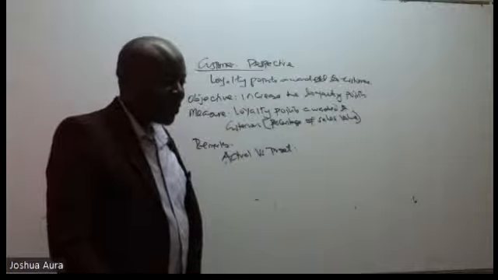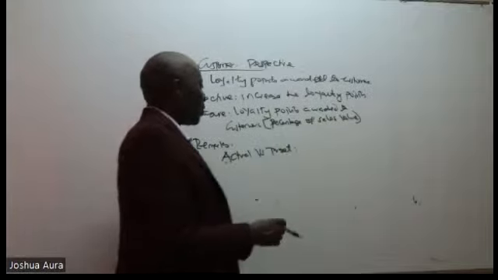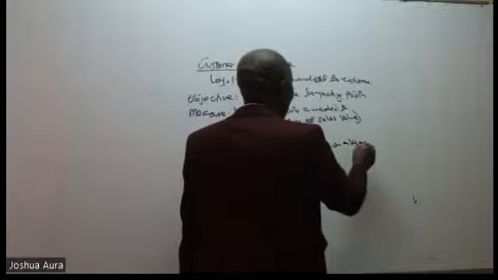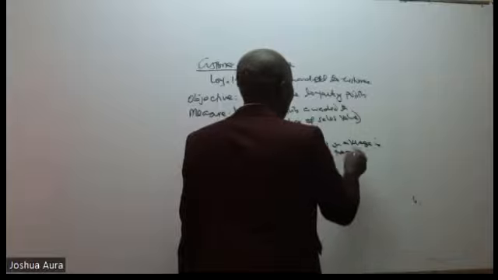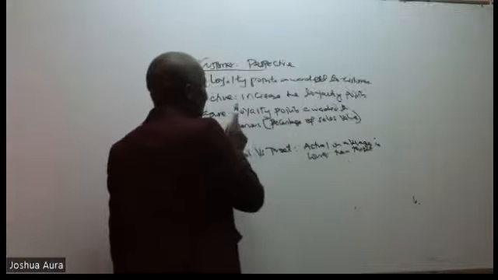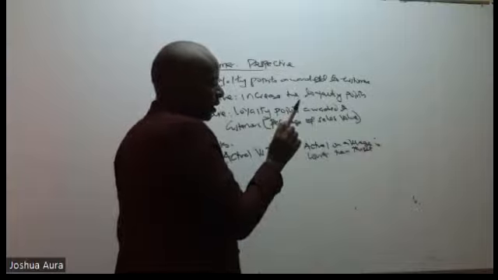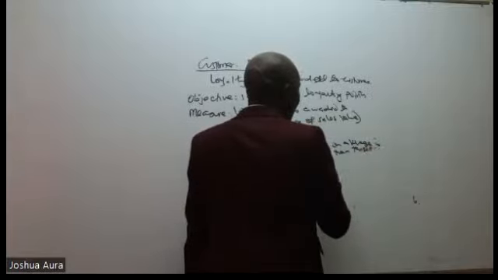Yes. So actual is consistently lower than the target. Thank you very much. So in this case, actual on average is lower than target. And yet we expected the objective to be met, we expected the loyalty points to be increasing. So therefore, poor performance.